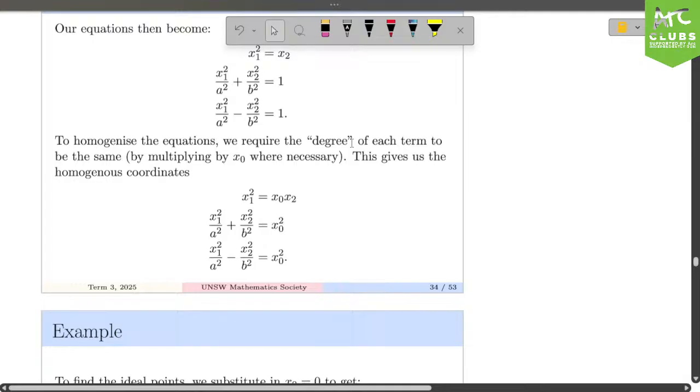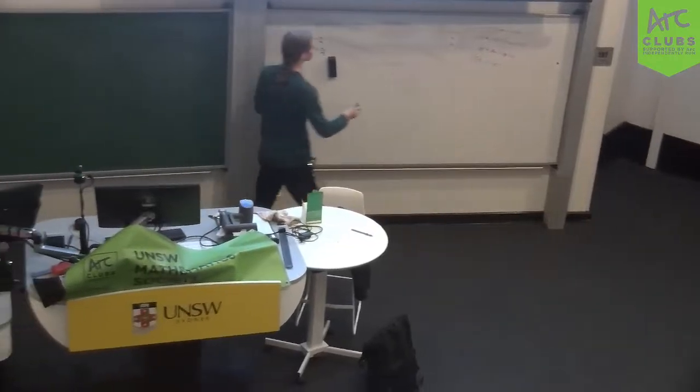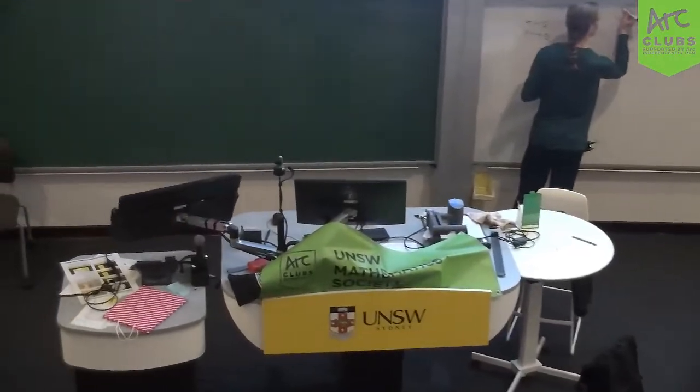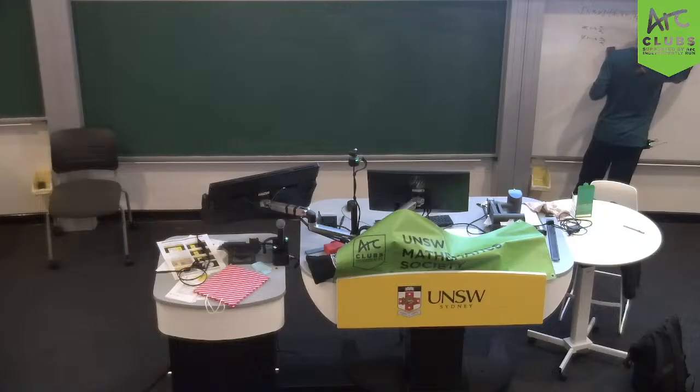So in the next example, we have some sort of ellipsoid: x squared on a squared plus y squared on b squared is equal to 1.